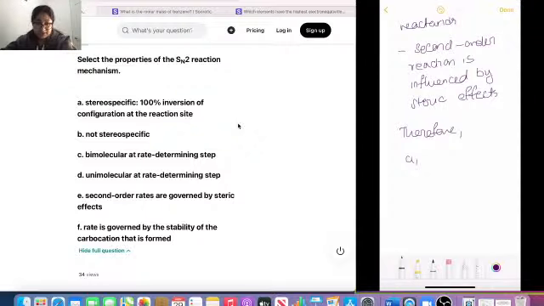Bimolecular at rate determining step, so yes, it is. It's not unimolecular. Second order rates are governed by steric effects. And F, rate is governed by the stability of the carbocation that is formed. No, it's E, so second order rates are governed by steric effects. Okay, so the answer is A, C, and E.